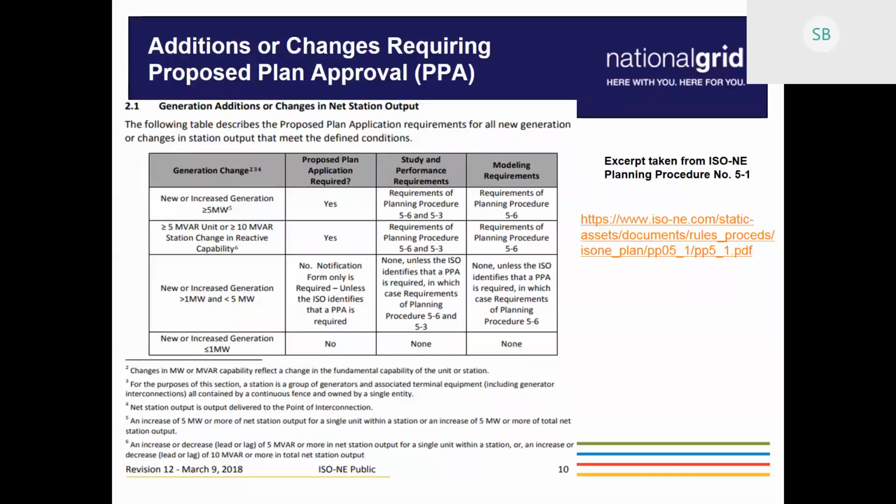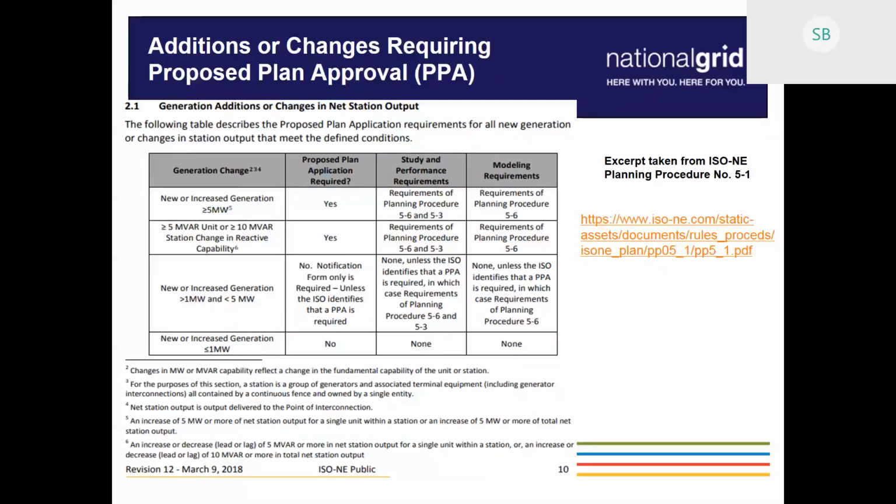We will reach out to ISO, but ISO will most likely say that those two particular projects require a proposed plan application, because from an ISO standpoint, they look at the point of interconnection, and both projects will have essentially the same point of interconnection, so ISO will treat it as greater than 5 megawatts. In that case, they will require a proposed plan application, which will need a full transmission study.